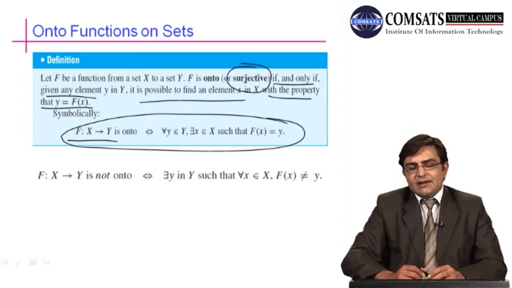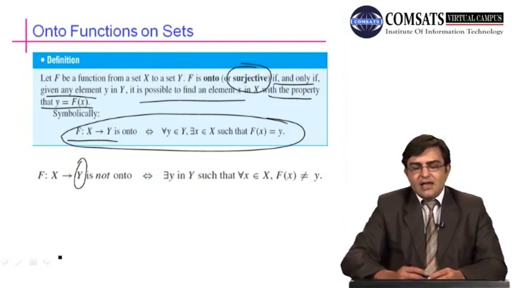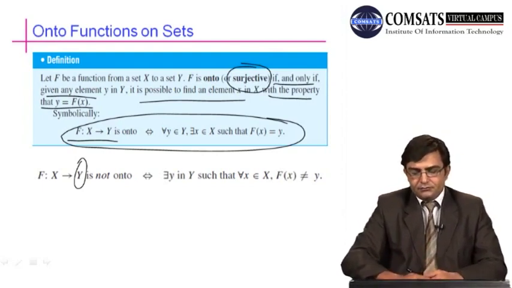It means that every element of y, every element of the second set, which is the codomain set, must have some preimage.